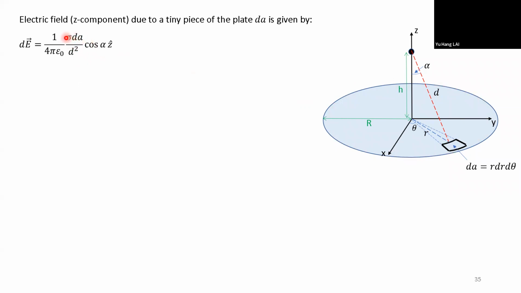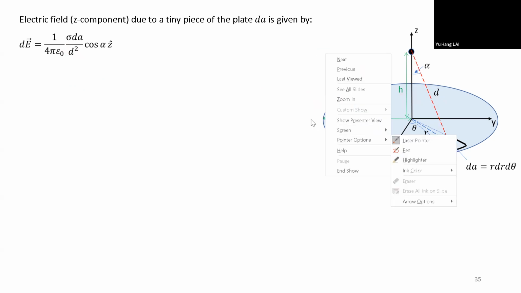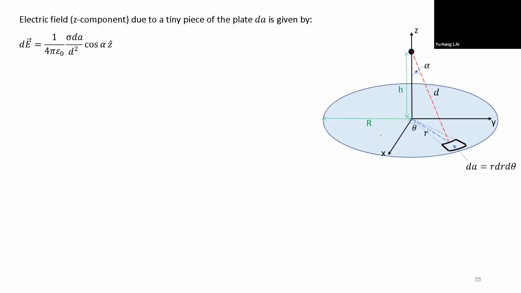This is the small amount of charge present in this small region. And then of course I have this factor 1 divided by 4 pi epsilon naught, and I have to consider this distance here, the length of this red dashed line, d. I need to know d squared. And also, as I said, I only care about the z component.